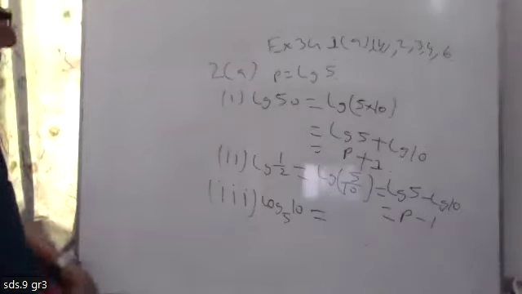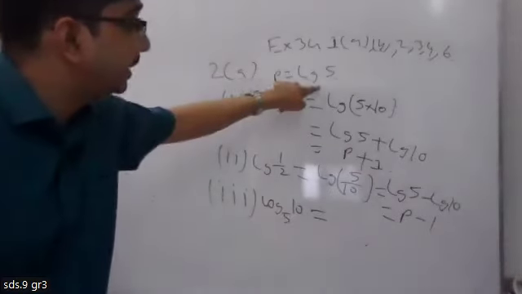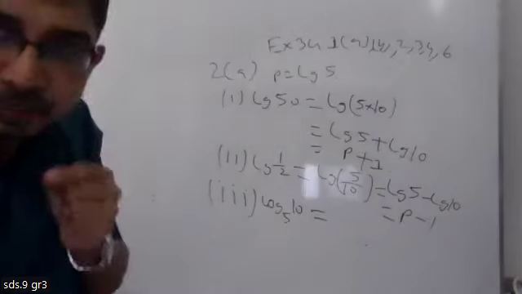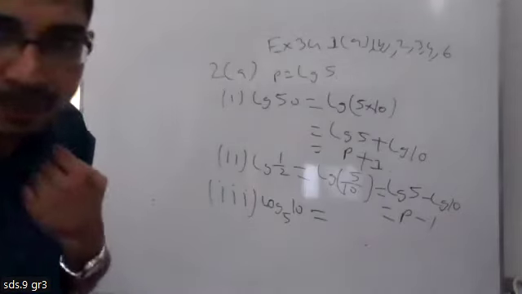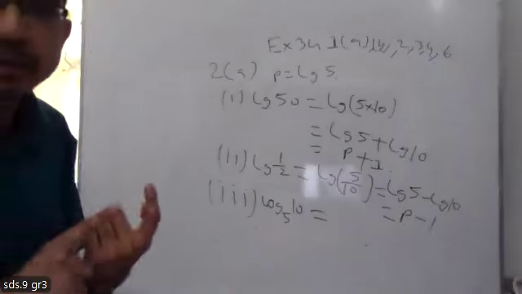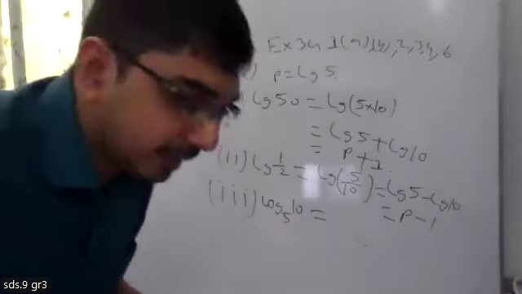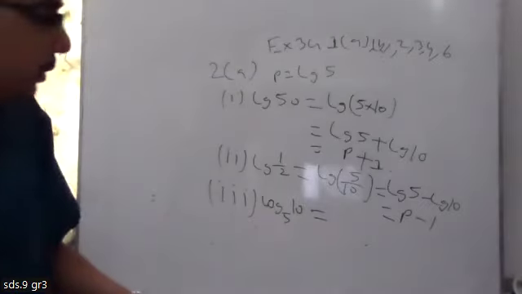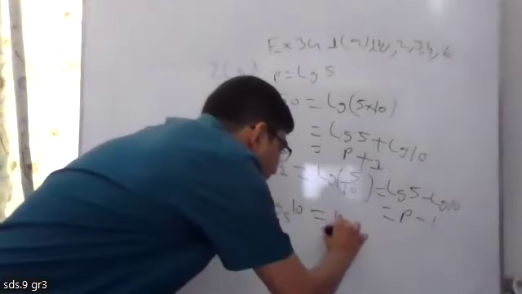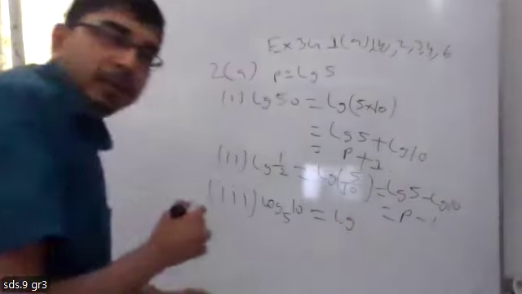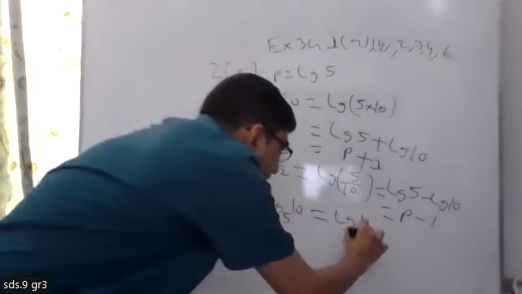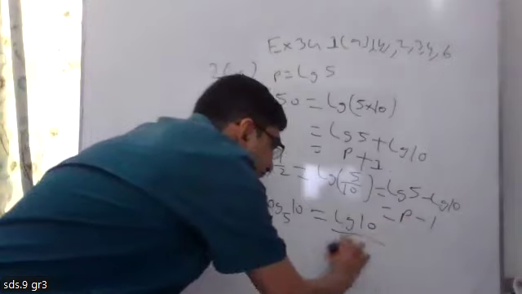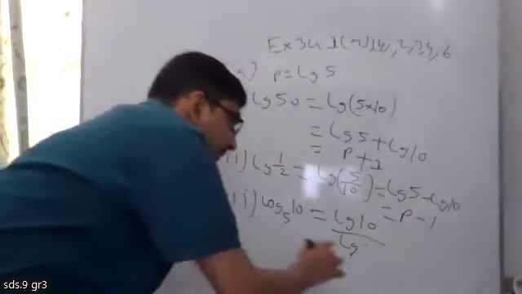So this is in base 5, but the base that P is given in is base 10. So I'll apply the base change formula and change it to base 10. So LG 10, whatever is over here, divided by LG of the previous base, that is 5.